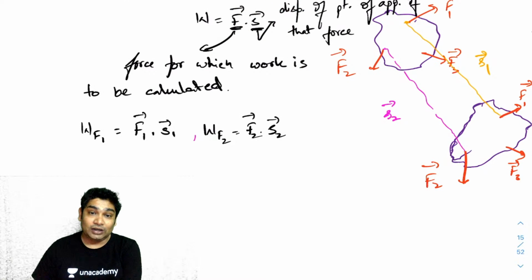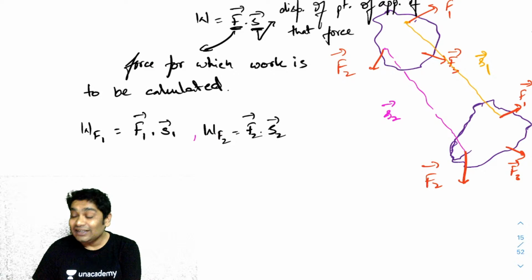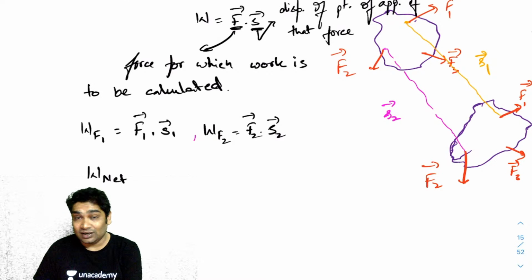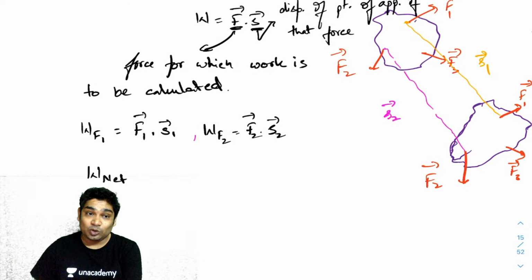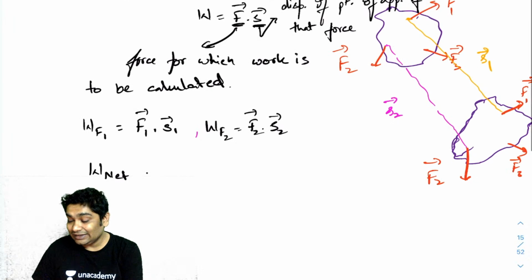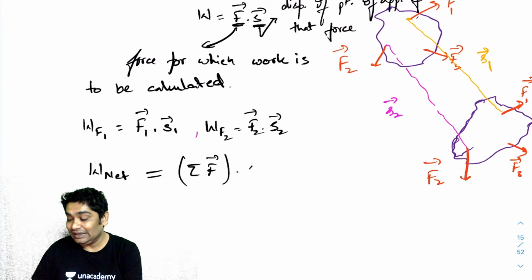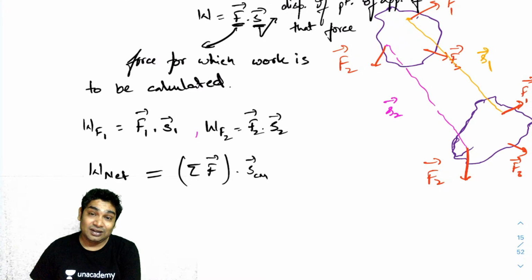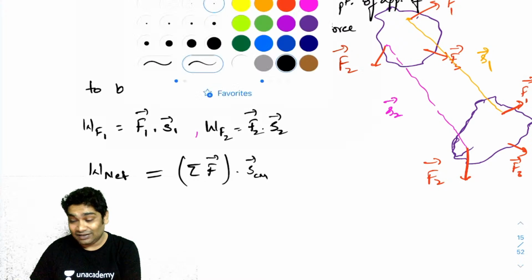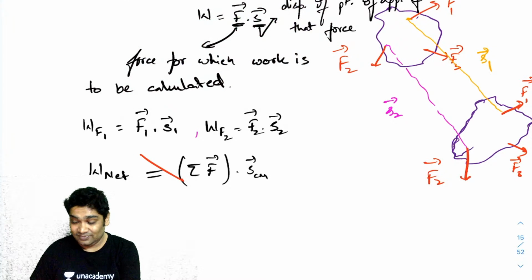How about the total work done? How do you find the net work done by all the forces? Now, a lot of students believe that this is how you can calculate it: summation F times displacement of CM. This is the commonly told definition, and that is wrong.